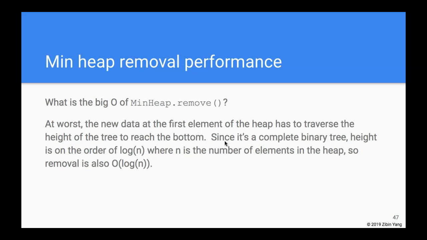In this case, it's for the element at the root of the binary tree to traverse down the height of the tree, and potentially it might have to go all the way to the bottom. So again, it's proportional to the height of the tree, and again, because it's a complete and therefore balanced tree, the height of the tree is on the order of log of n. So the removal process is basically on the order of log of n.